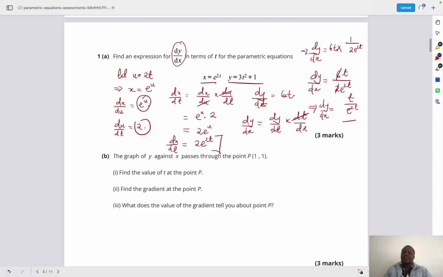So this is the answer for dy/dx here. And the key things are these algebraic manipulations where we are trying to get a product for dy/dx. So this is for 1a.